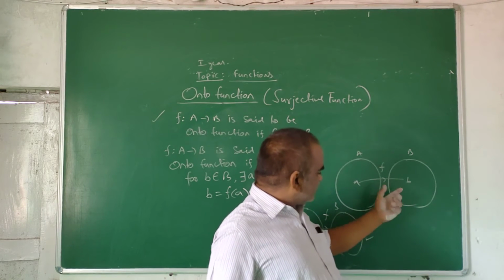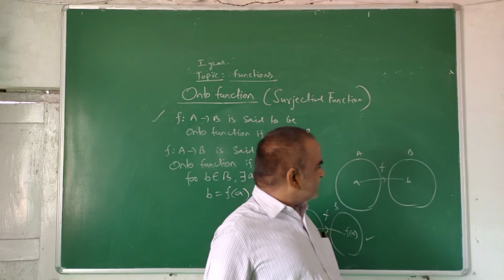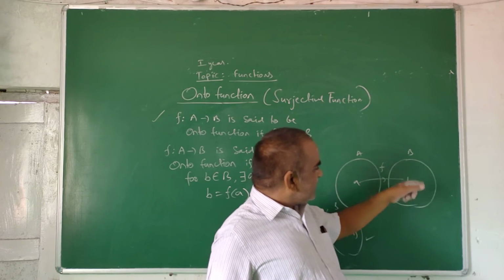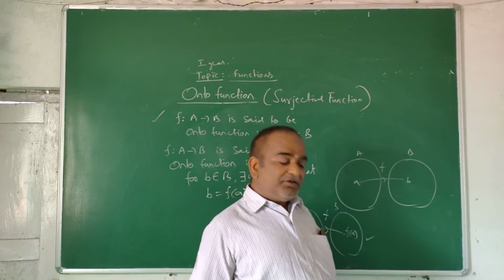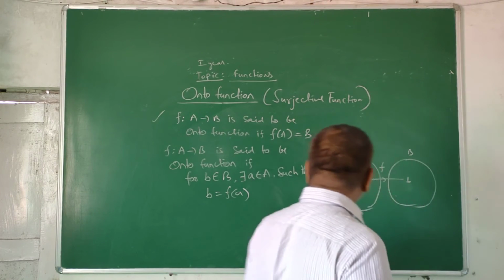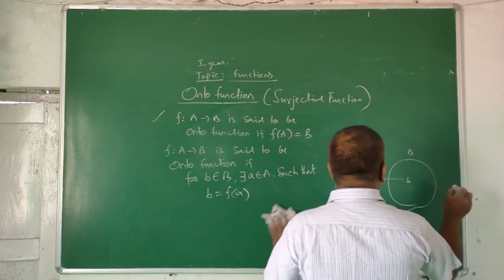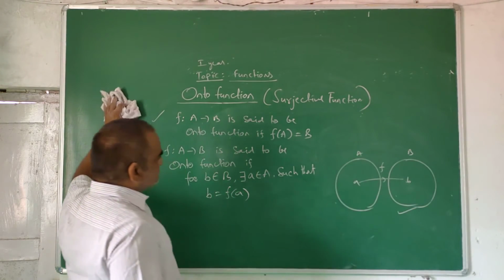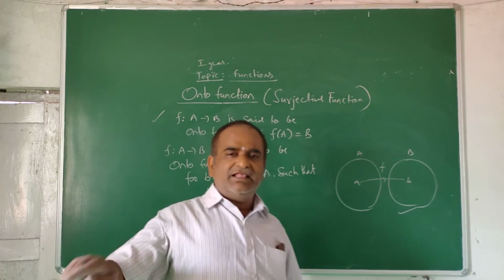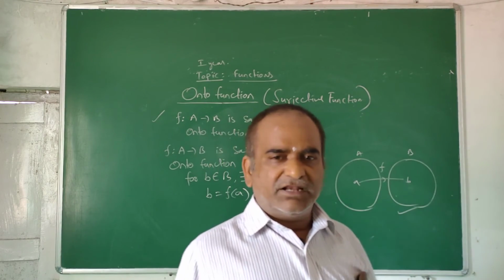That means this diagram is conveying a simple message that any b in B has a preimage a in A. That is the matter. So with respect to onto function, you can choose this diagram. Anyways, this is the central idea of onto function. Did you understand?